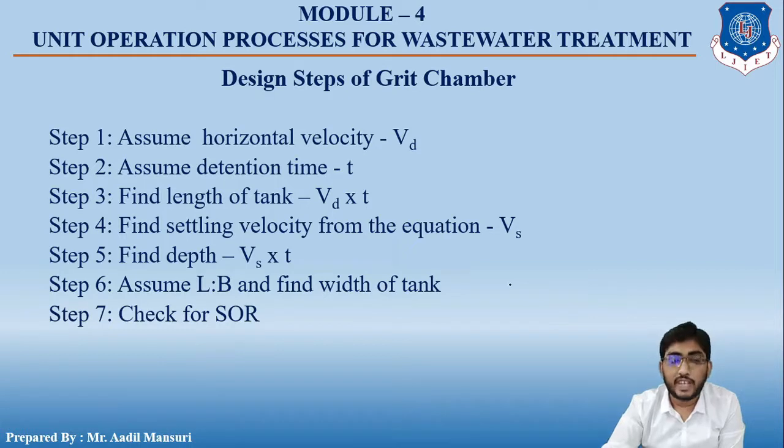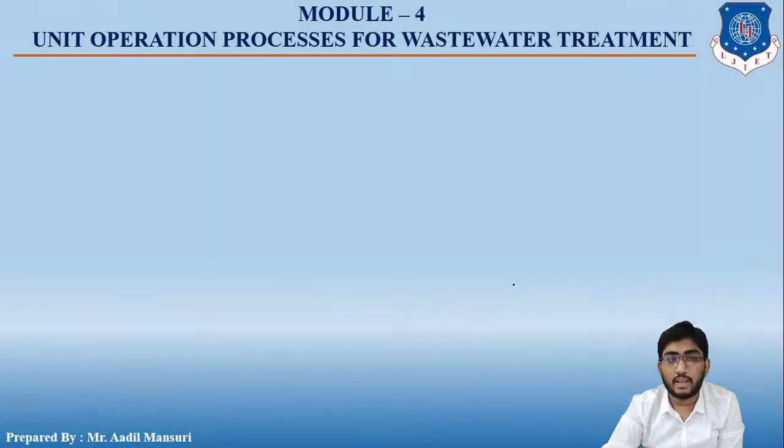Next, check for SOR. SOR condition we have already studied, that is 500 to 1500 meter cube per meter square per day. So these are the design steps of grit chamber. Let us now move towards the numerical so that you will get a better clarity.